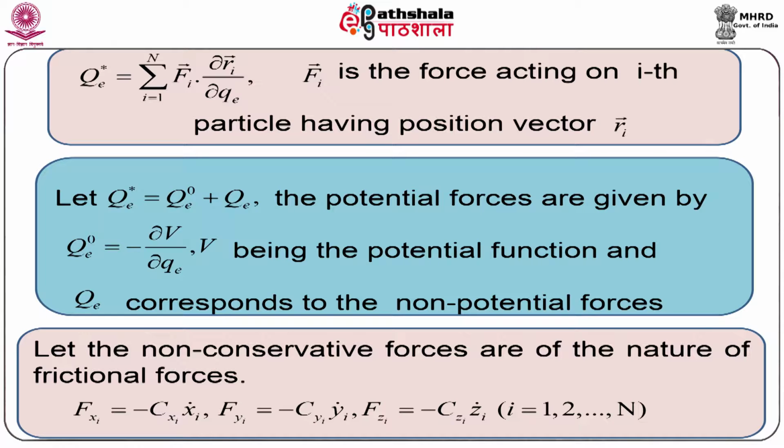Let the generalized force Qe star be written as the sum of Qe zero plus Qe, where zero is used as a superscript. The potential forces are given by Qe zero, which is minus ∂/∂qe operated on V, V being the potential function, and Qe corresponds to the non-potential forces.